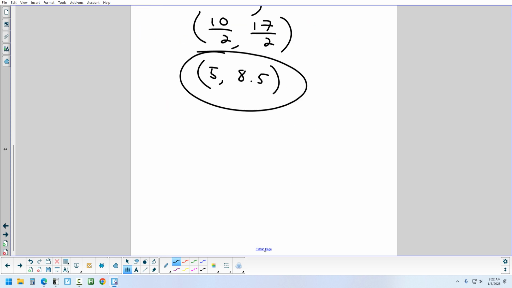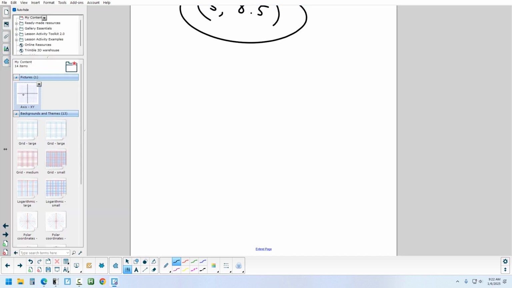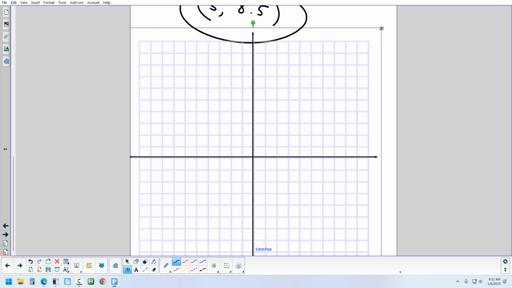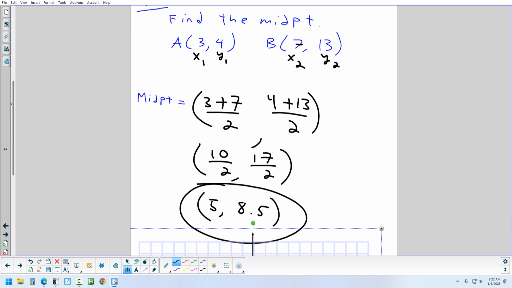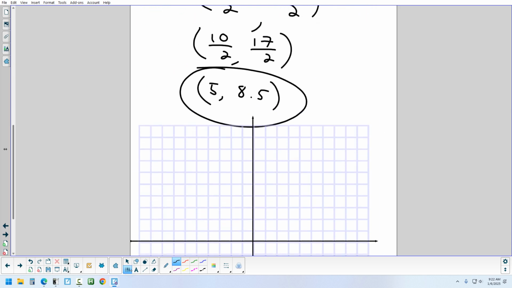All right, let's see if that looks right. Graph my 2 points. So I got 3, 4. So I got 1, 2, 3, 1, 2, 3, 4.